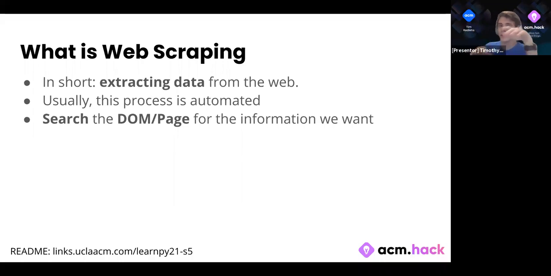This usually involves sifting through HTML to find text on the page that you care about. One way I like to think of it is if you hired your little brother to search through a bunch of pages and lift a bunch of data into a spreadsheet. It's an automated version of that.